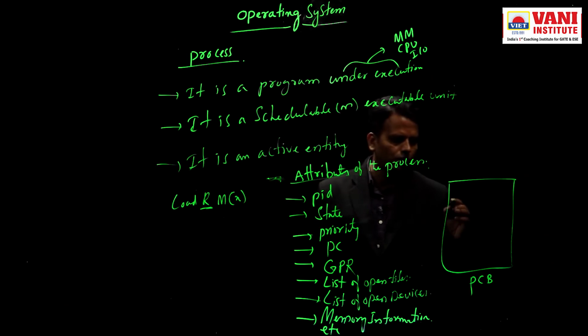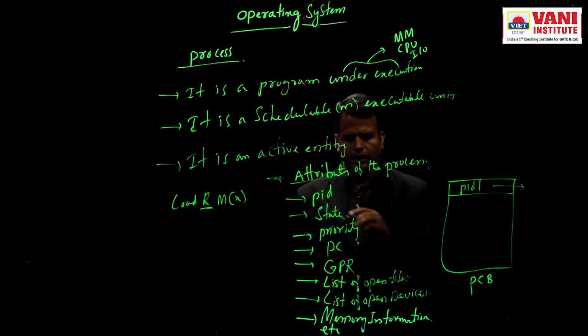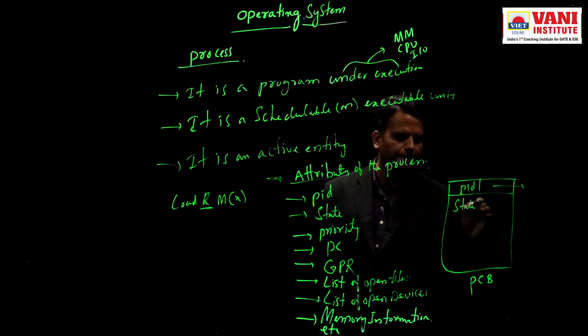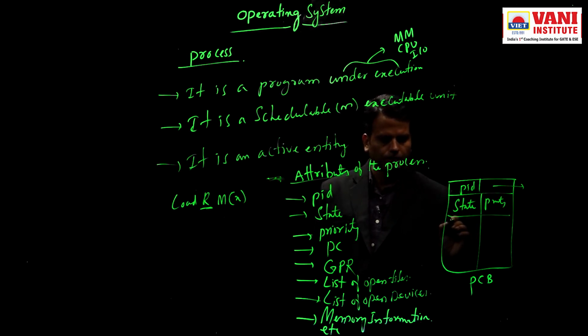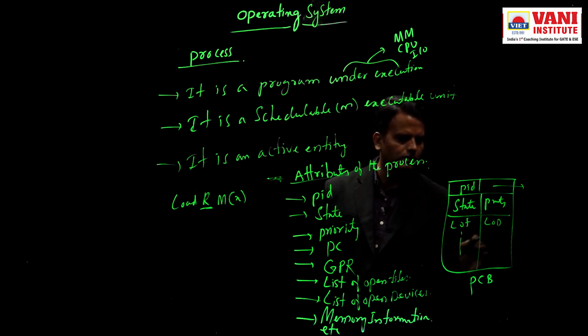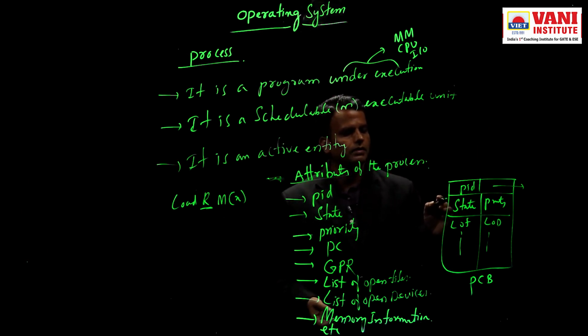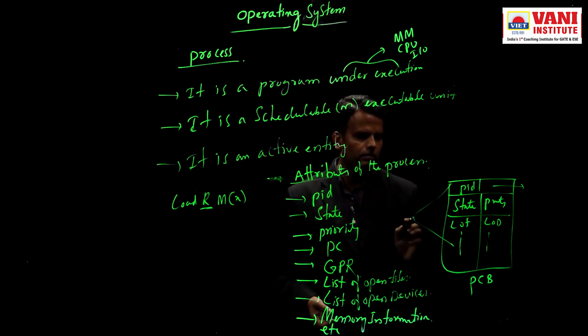In this process control block, it will store the process ID, pointer, and whatever attributes are there: state, priority, list of open files, list of open devices, like this. The attributes of the process are collectively called the context of the process.